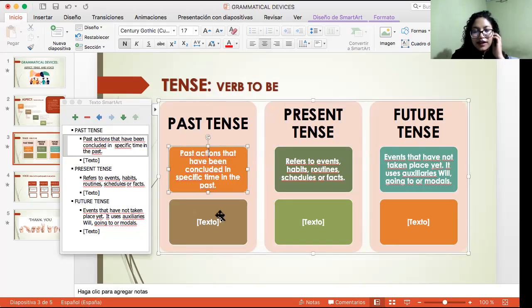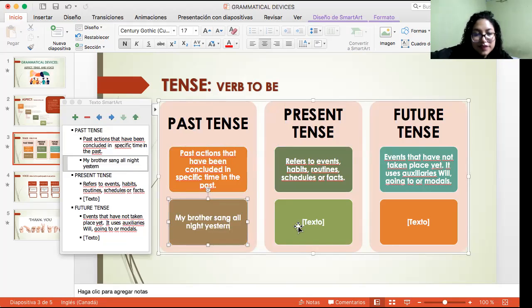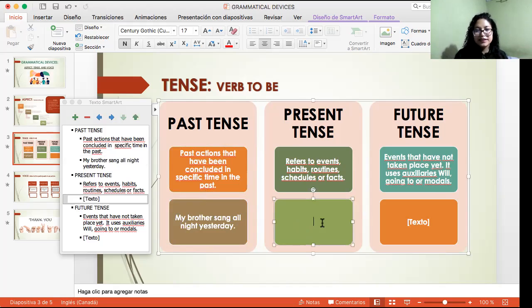For example, it could be, my brother sang all night, yesterday. So that is an action that happened yesterday, in the past.